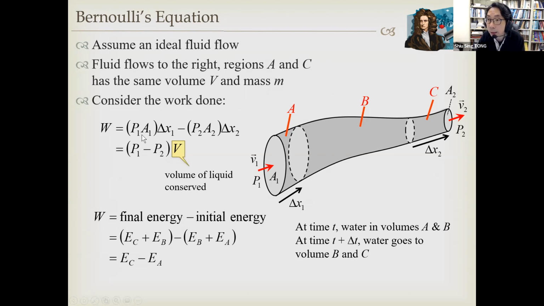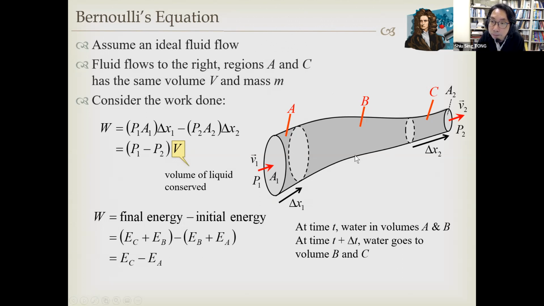The work done will be equal to P1A1 multiplied by the small displacement. The small displacement happens during a small time interval delta t, and the liquid moves into the region A by a distance of delta x1. So I multiply the pressure force by a small distance of delta x1, which denotes the work done by the surrounding fluid on this pipe of fluid.